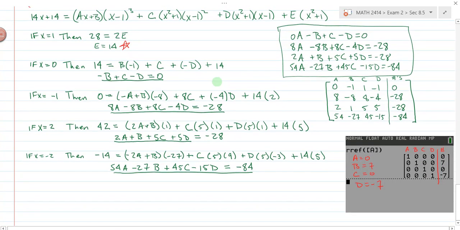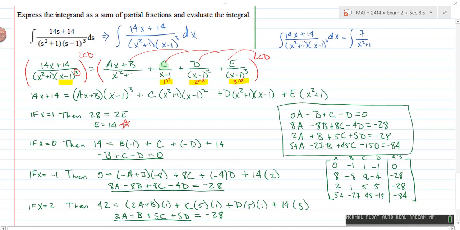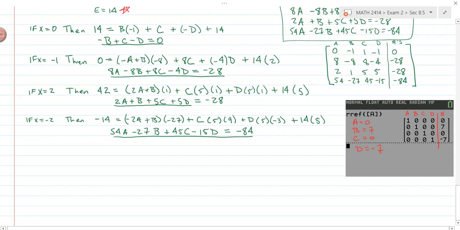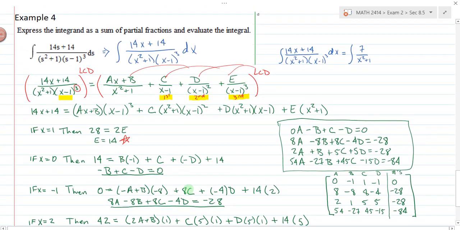C was equal to 0, so I don't have to worry about this fraction because C was 0. And D was equal to negative 7, so that means I'm going to have minus 7 over x minus 1 squared. And then E was 14 over x minus 1 cubed dx.